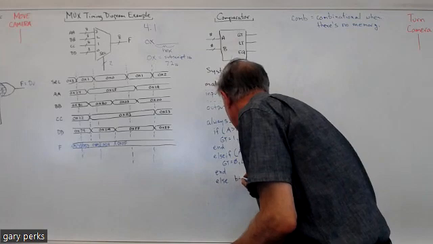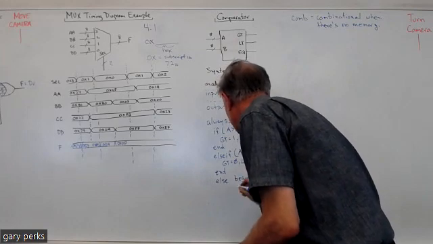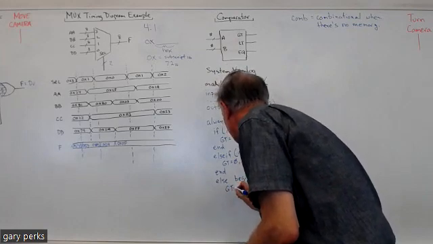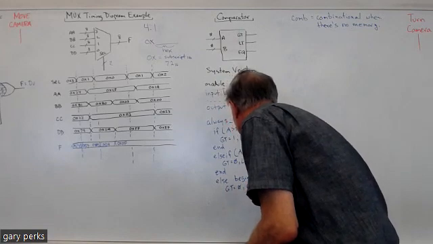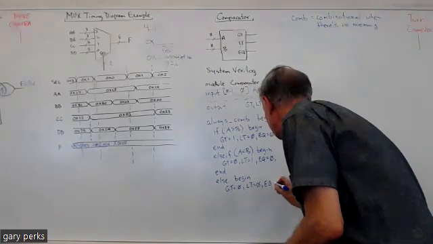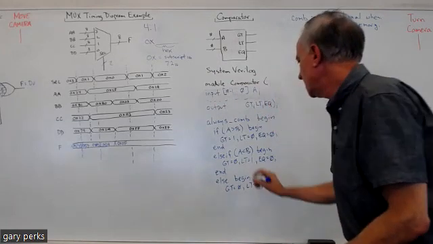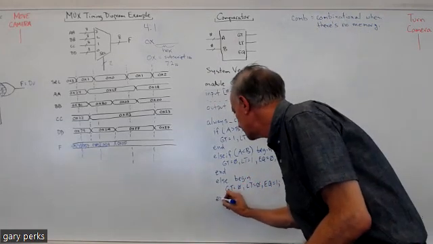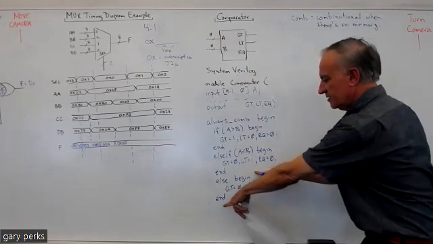And then you have a begin, and then it would just be GT equal to 0, LT equal to 0, EQ equal to 1, and we need another end for this begin.